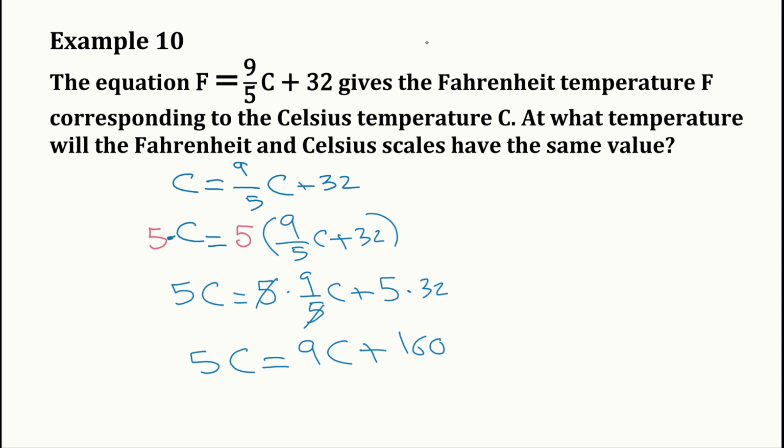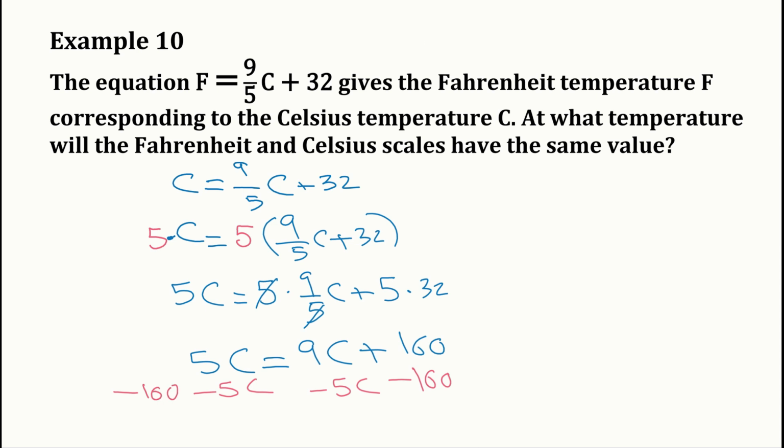So now we're solving for C. Let's go ahead and move the C's to the right side where the higher coefficient is. And we're going to go ahead and move the 160 to the left side. So we get minus 160 minus 160.